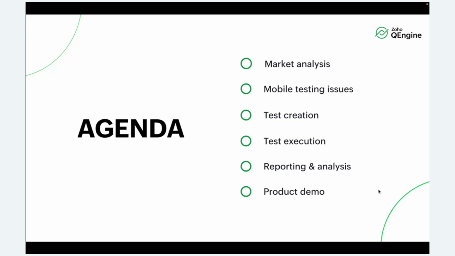And finally, we'll be looking at the product demo, wherein you will understand better how to achieve better user experience using testing with Zoho QEngine. We'll achieve that by checking out a couple of use case scenarios. Very precisely, we'll be looking at three real world use case scenarios.